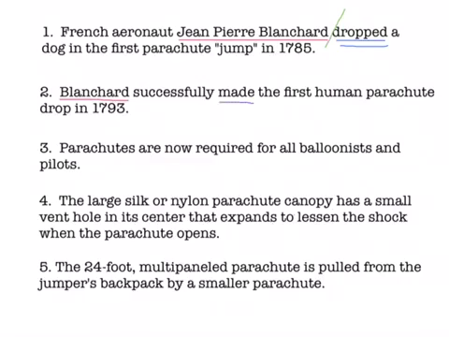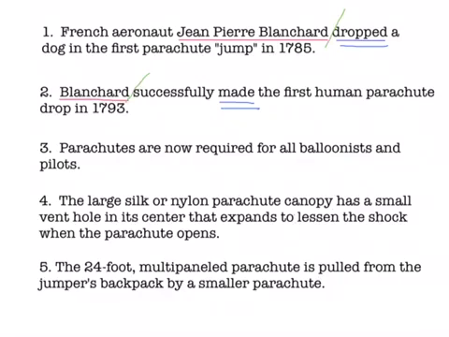Blanchard made. Made is the simple predicate that refers back to Blanchard's actions. Notice I did not underline the word successfully because successfully is just a modifier being used to describe the word made. Then we will draw a slash after Blanchard.